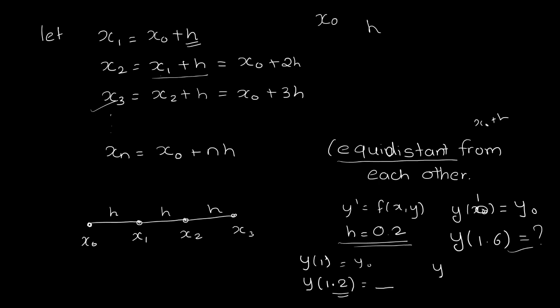Then using this you will go for 1.4, that is 1.2 plus 0.2, which is 1.4, and then your next step will be finding y of 1.6. So this is the reason why these equidistant points are important.